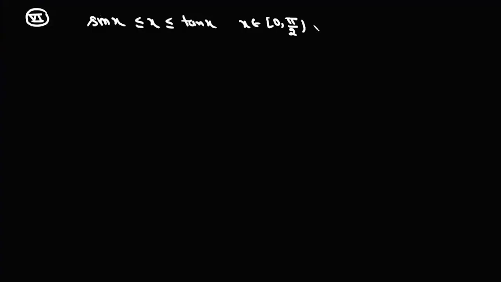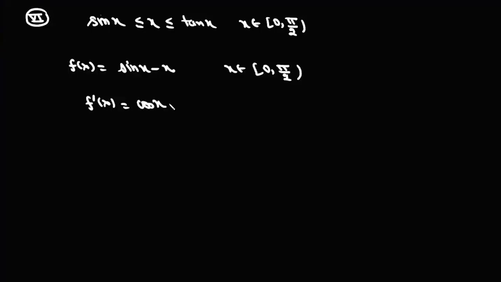One of the ways of proving this inequality is using calculus. So we'll consider the function f(x), which is sin x minus x, when x lies between 0 to pi by 2. Now if we find f dash x, it will be cos x minus 1, which is less than or equal to 0.